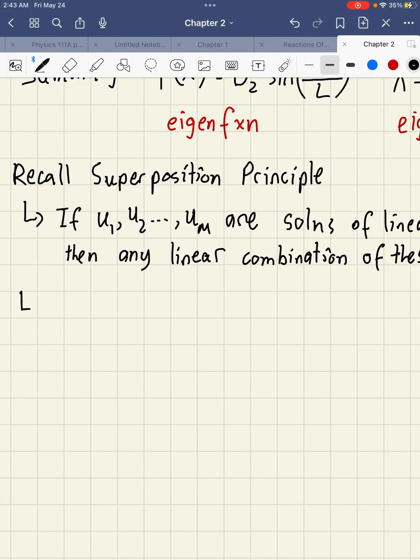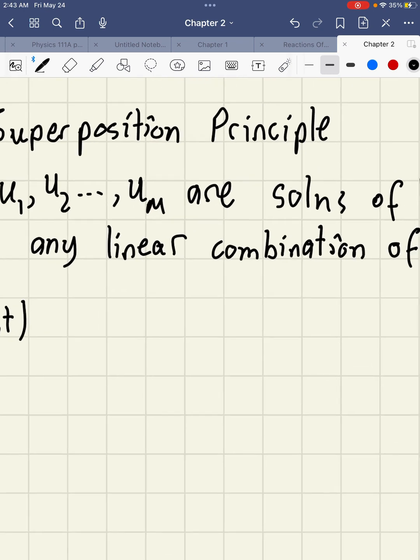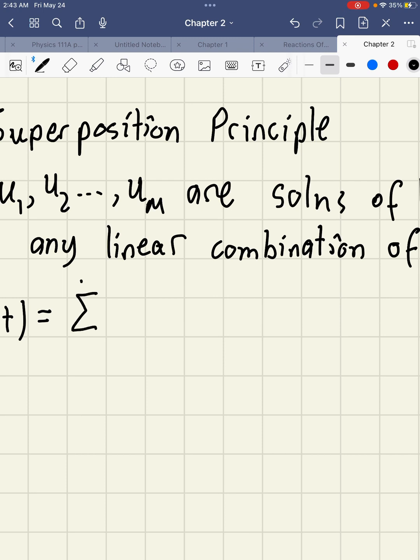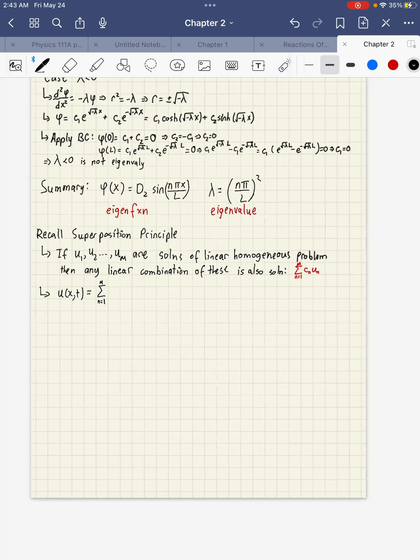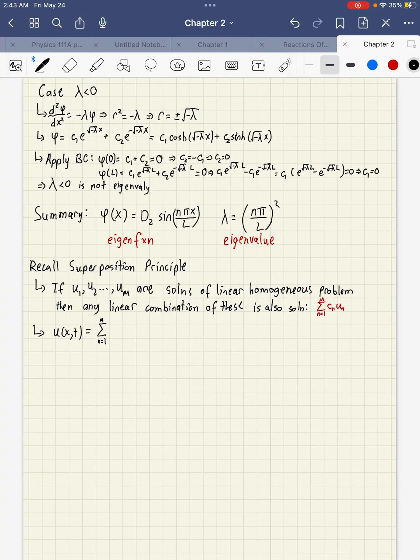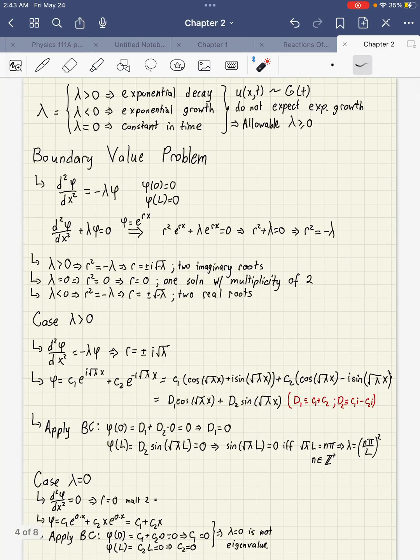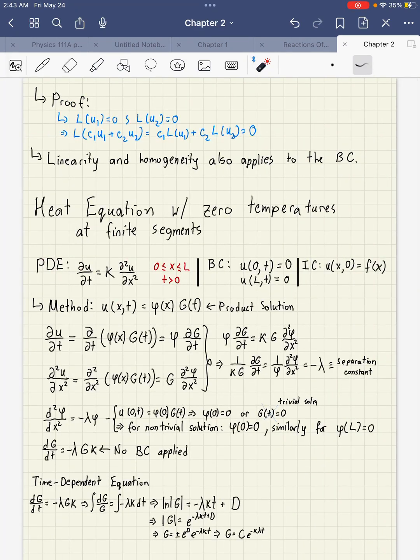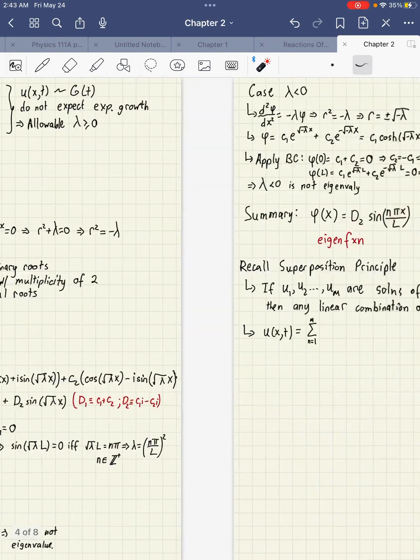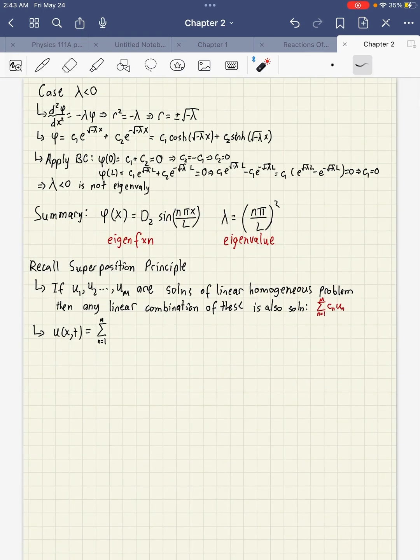therefore, applying the superposition principle, my u of x,t is just equal to the sum starting from n equal to 1 and going to m. Since I have a constant d_n here and another constant c for my time dependent part, if I multiply them together, they're still a constant.